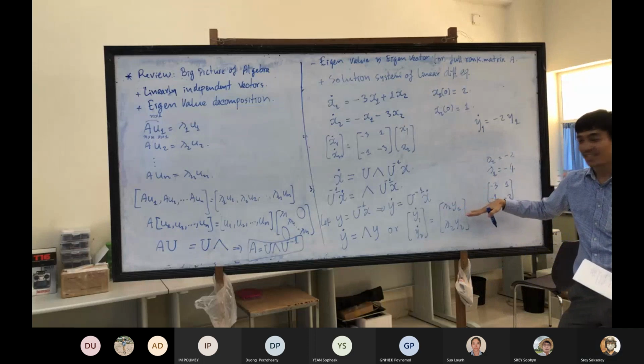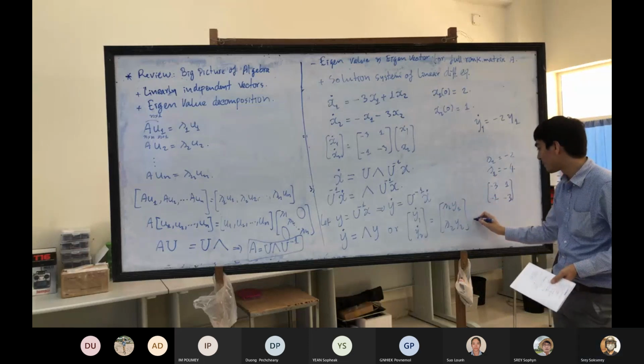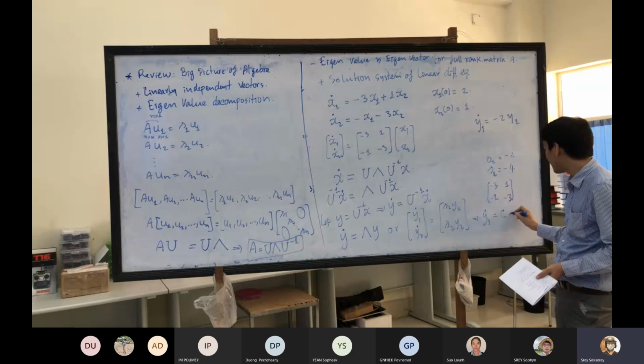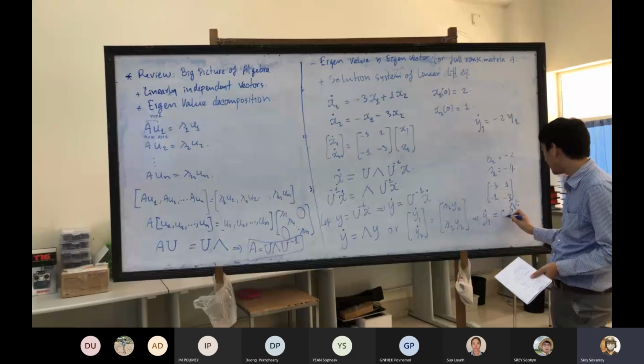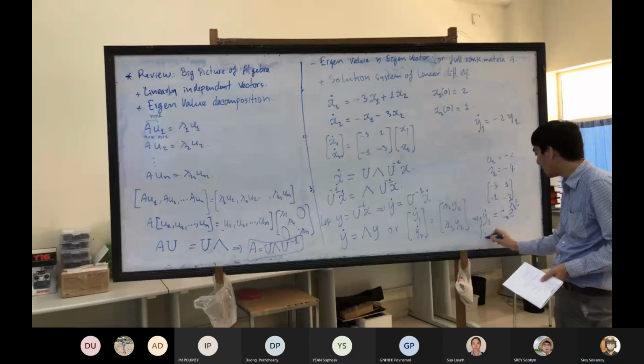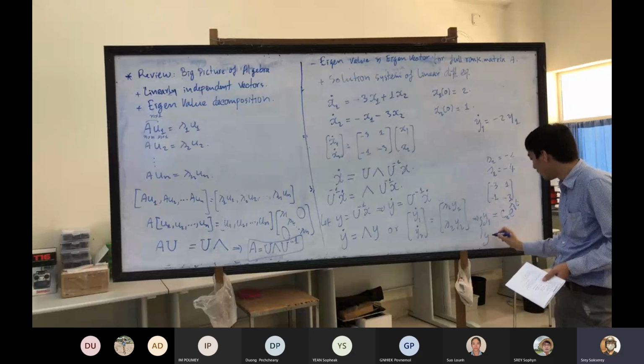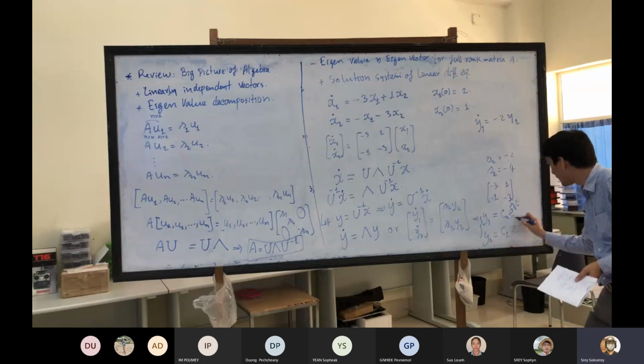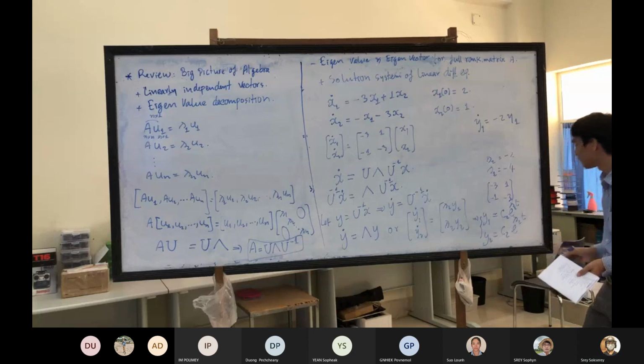Yes. So it means you can have y1 equal to c1 e to the lambda 1 t, and y2 will be c2 e to the lambda 2 t.